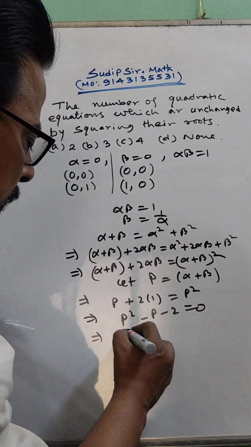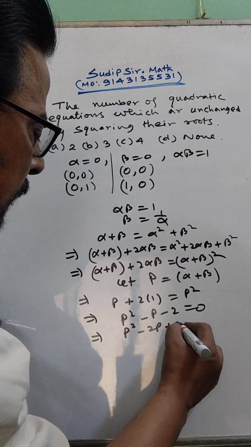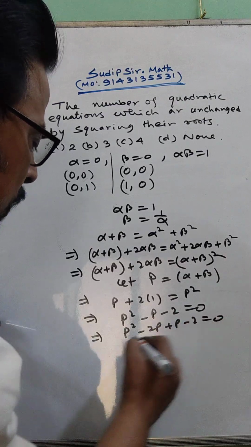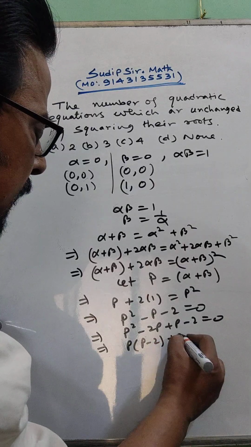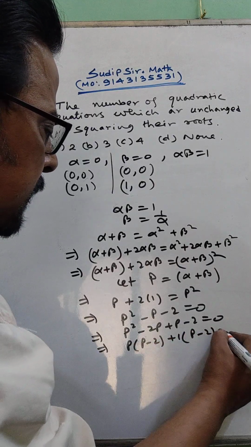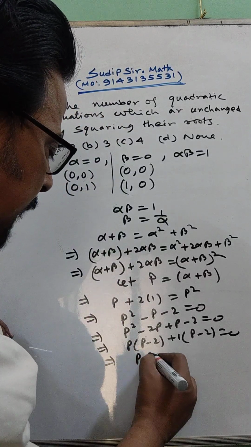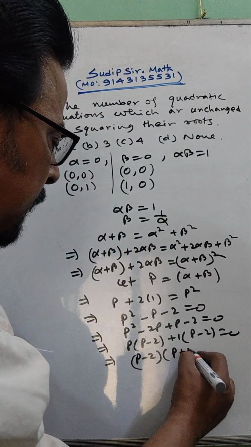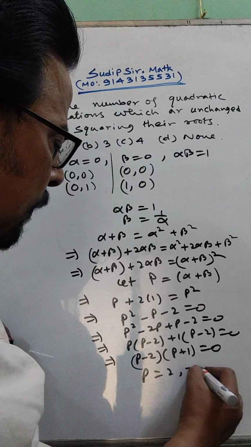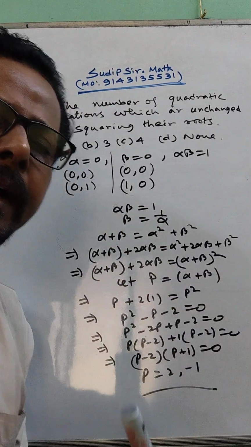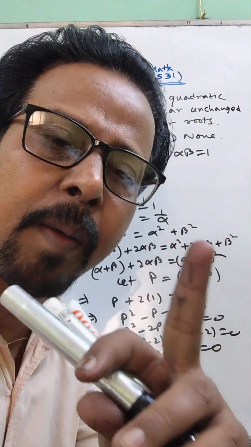From this you can split the middle term: P square minus 2P plus P minus 2 equal to 0. That is P common, P minus 2, plus 1 common, P minus 2 equal to 0. So P minus 2 into P plus 1 equal to 0. That is P equal to 2 comma minus 1, where P means alpha plus beta.